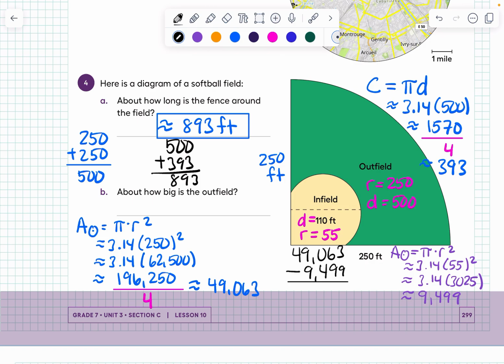All right, let's do the math. 49063 minus 9499. And I would get 39,564 feet squared. Ooh, this was a little bit of a challenging problem, but we made it.